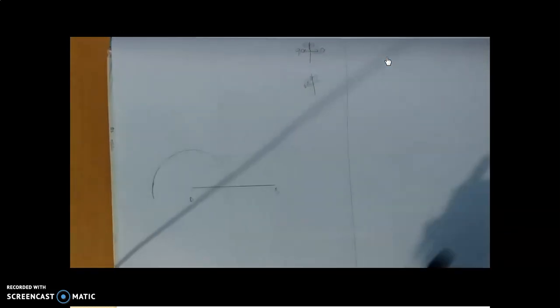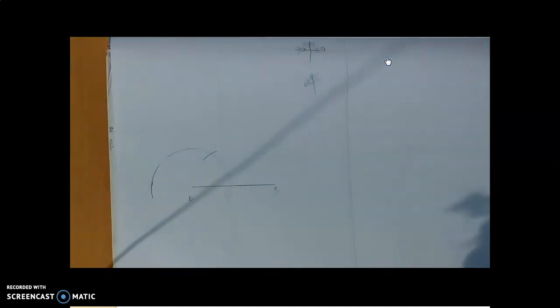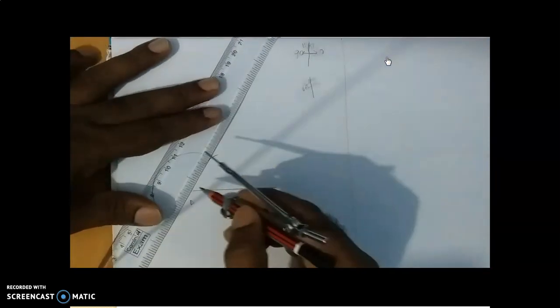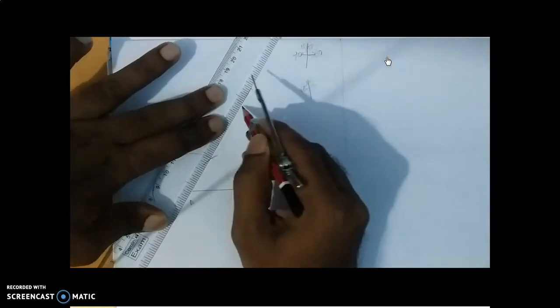Then after that with the same measurement make this as a center, draw one more arc. So this is nothing but 60 degree.